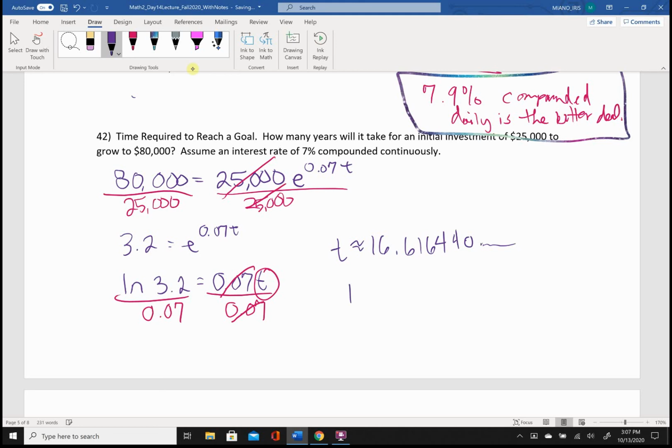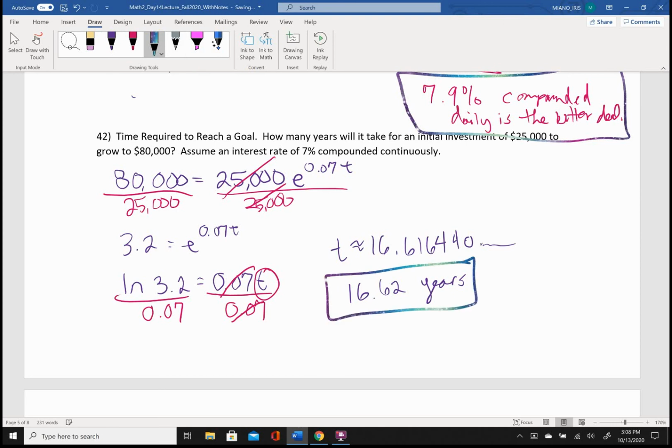You probably wouldn't. Rounding it to the nearest whole year is kind of a little bit weird. Usually we round it at least to the 10th place. Here I'm going to choose to round it to the nearest hundredth. So it'll be about 16.62 years are needed in order to have that initial $25,000 investment grow to an $80,000 investment.